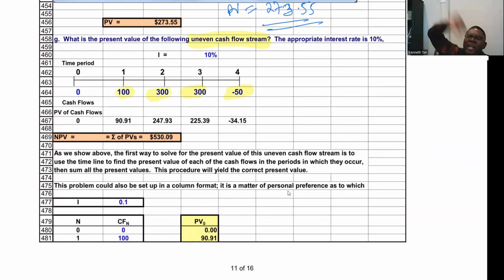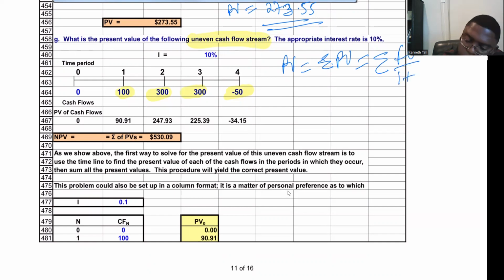In calculating the present value for this kind of problem, we calculate the present value for each value, and then we sum them up. So it's the sum of present values, which is the sum of future value over 1 plus interest rate raised to the power n.